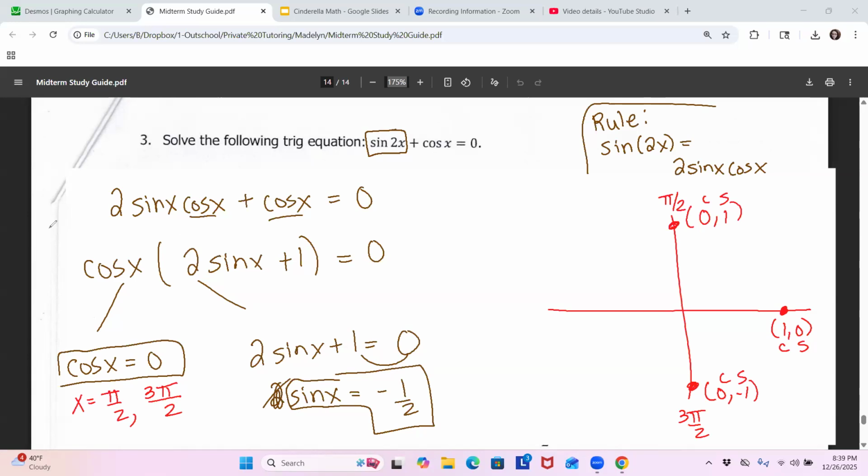Okay, so now where is sine -1/2? So all students, so not negative, not negative. So we'll have down here. Sine -1/2. So wouldn't it be this one right here, which is -√3/2, -1/2, cos sine, and that is 7 pi over 6.